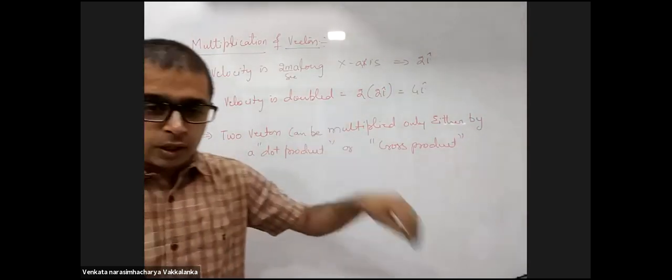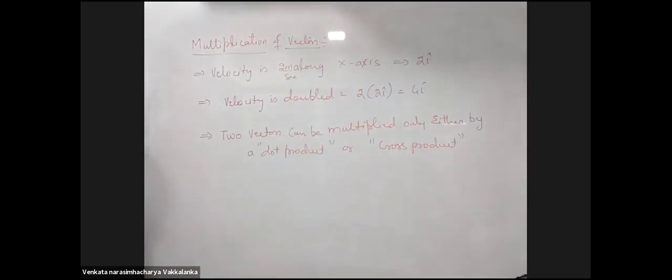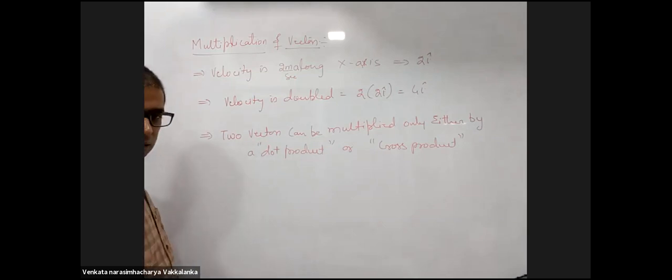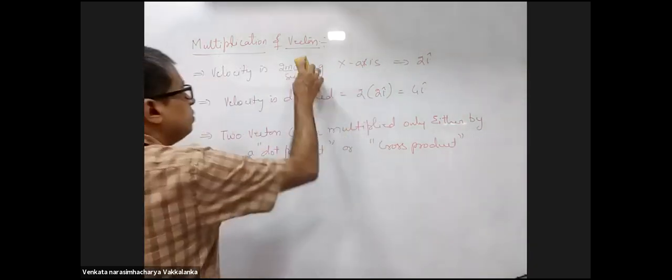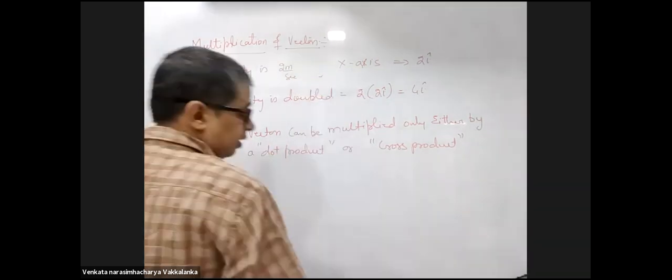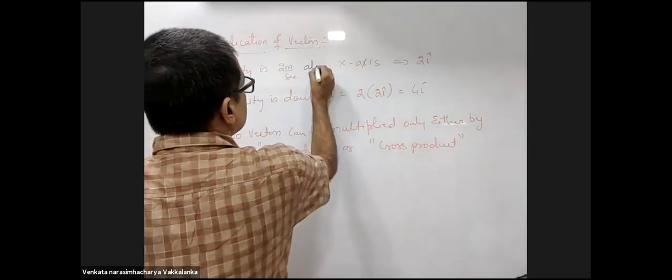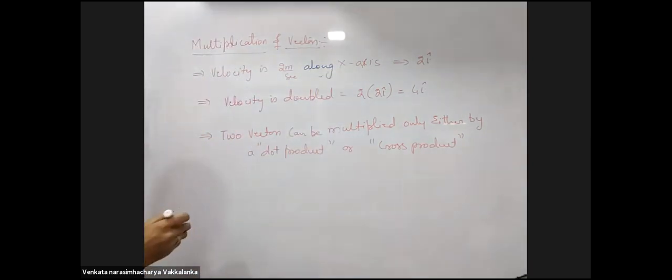What do you mean by cross product? We'll explain. Take it down, please. So what's written in the first line? Velocity is 2 meters per second along x-axis.